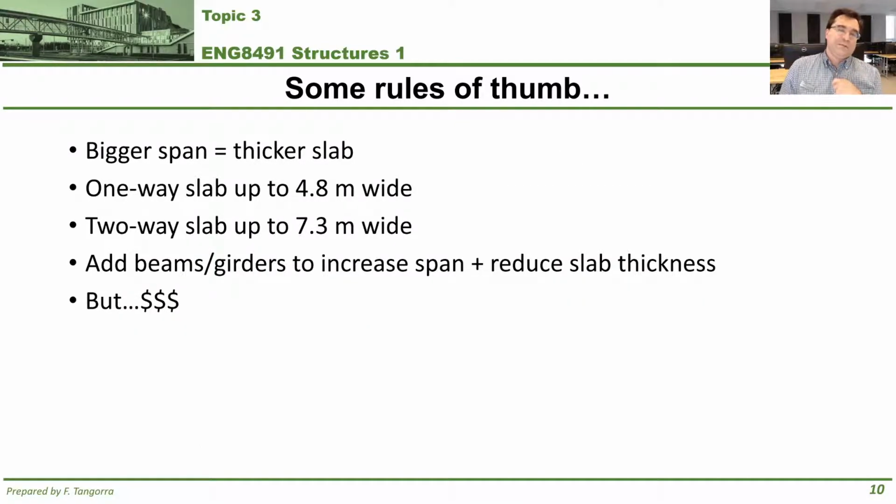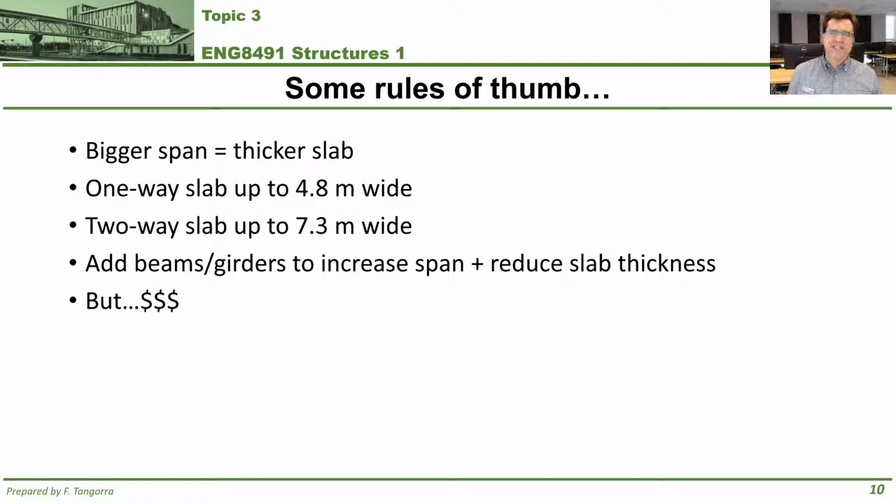Now, some rules of thumb related to slabs. Typically, the bigger the span of the slab, the thicker the slab has to be to ensure that it's safe. And by that I mean strong enough and safe enough, right? That it makes you feel comfortable. It doesn't deflect too much.